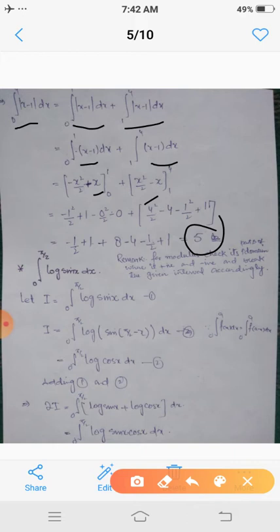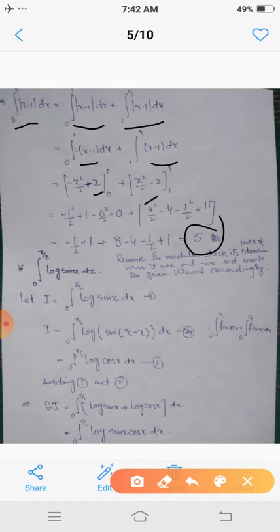So from this we conclude that if we have a modulus function, we have to check the part of the domain where the function is positive and where the function is negative. Then we have to break the given integral, like here the interval was 0 to 4, and we broke it into 0 to 1 and 1 to 4.